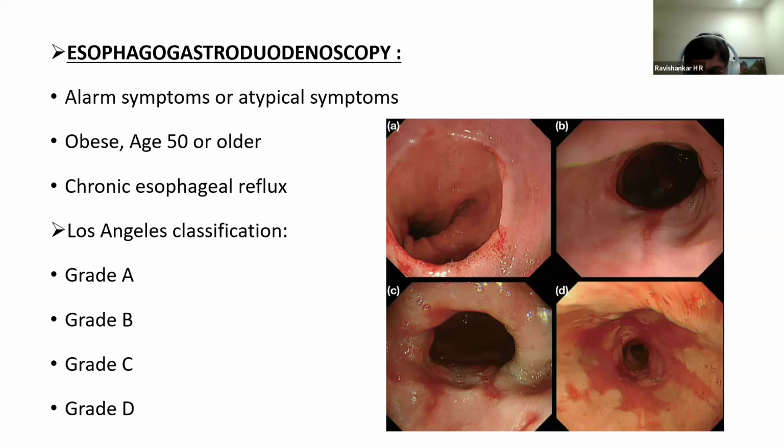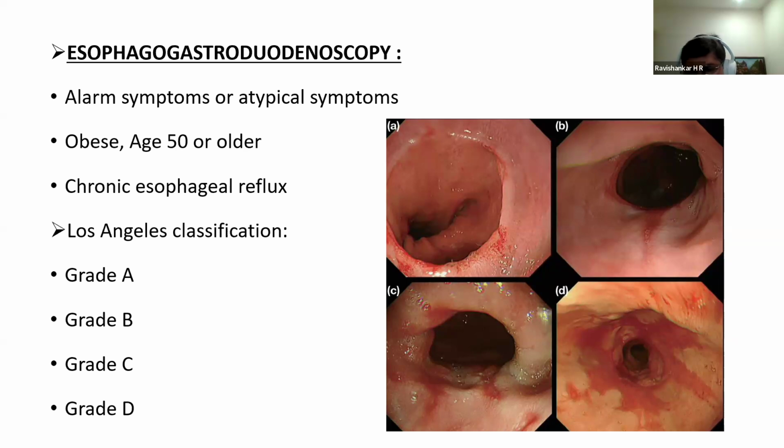No. So basically, let us say somebody had an upper respiratory infection or some headache, and they took antibiotics and NSAIDs, and then they develop severe gastroesophageal reflux. So you don't recommend endoscopy for them because you can see that there is a triggering factor, an etiologic factor for their GERD or acidity-like symptoms.